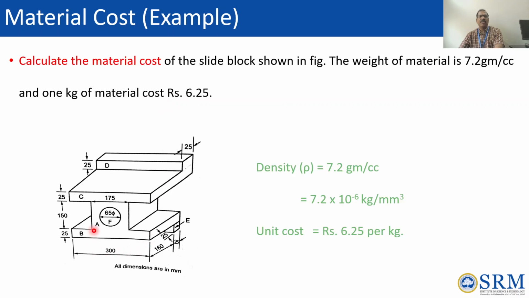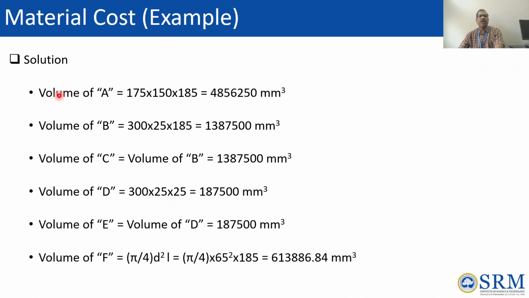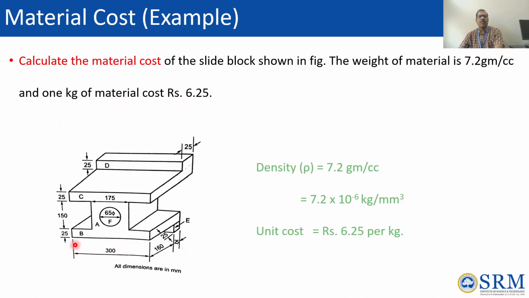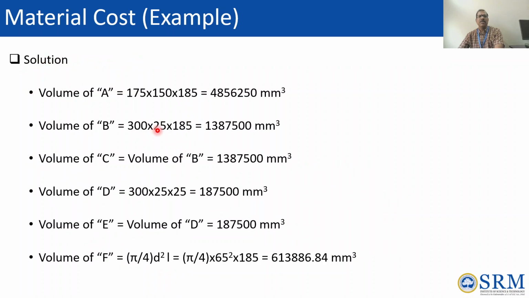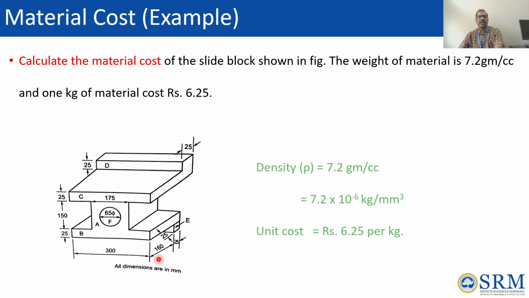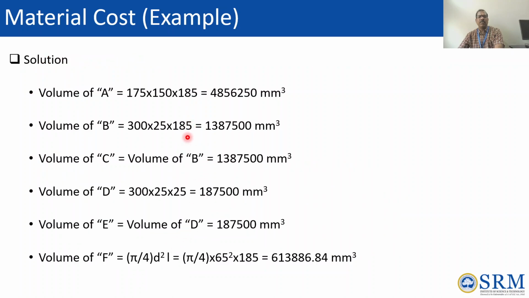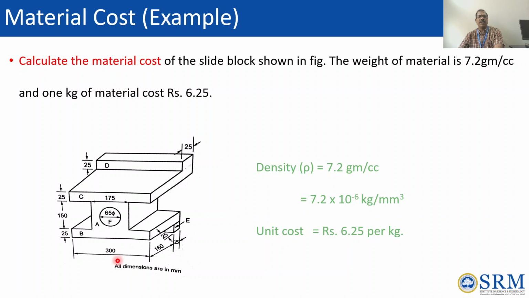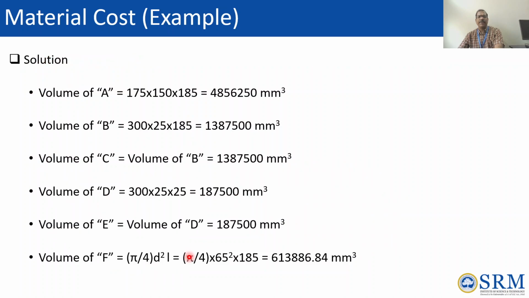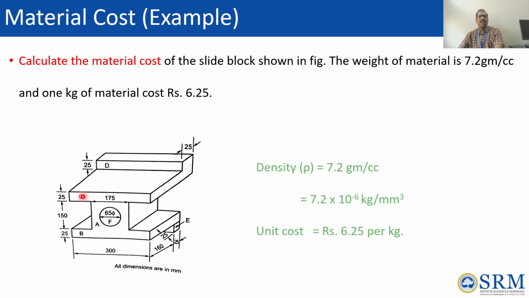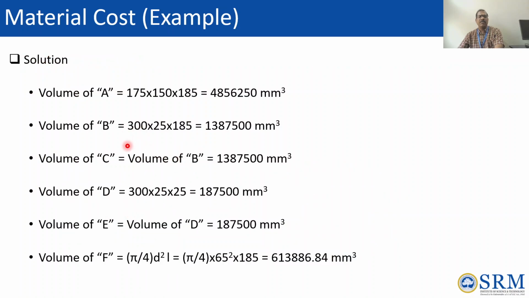Multiplying 150, 175, and 185, we get the volume of A. Then the volume of B is 300 cross 25 cross 185. Similarly, volume C is the same; volume B and volume C are the same.